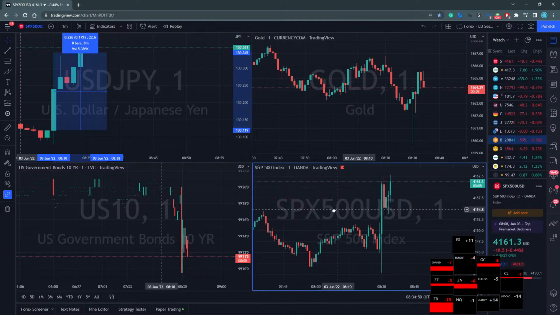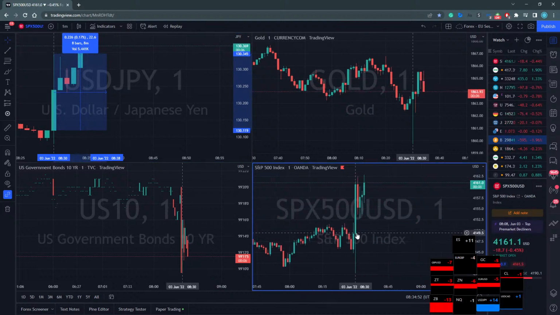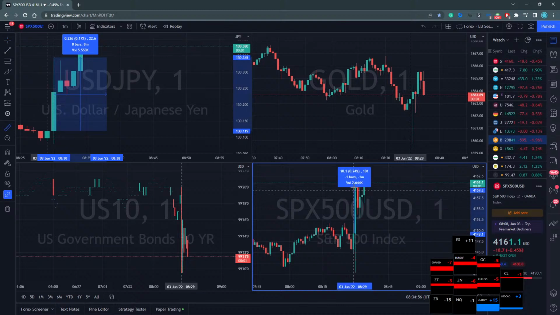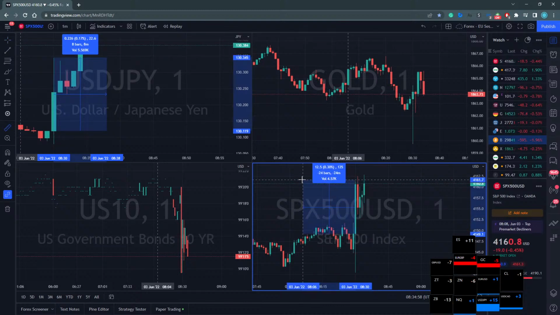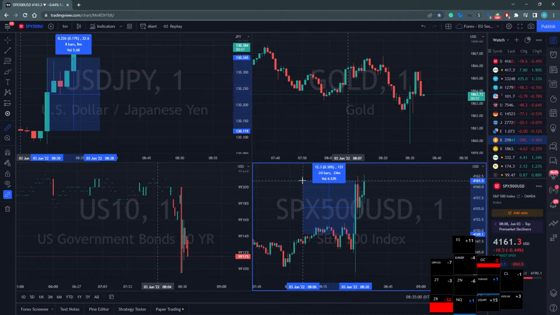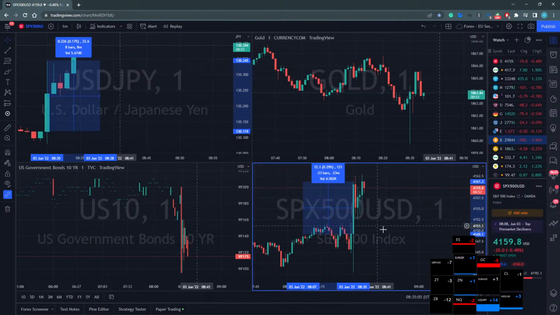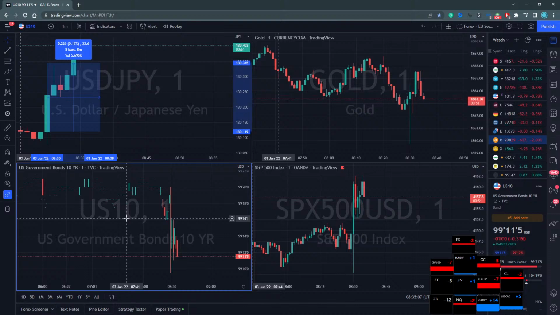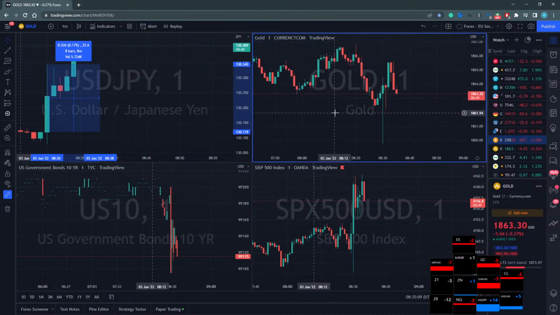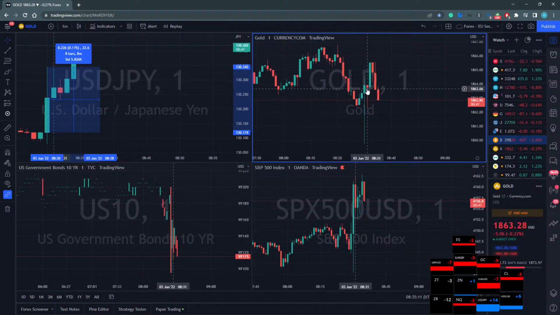And the S&P, I'd also seen some movement towards the upside. That was quite nice. All right, and that was about 100. Okay, right. Cool. Let's take a look at gold.